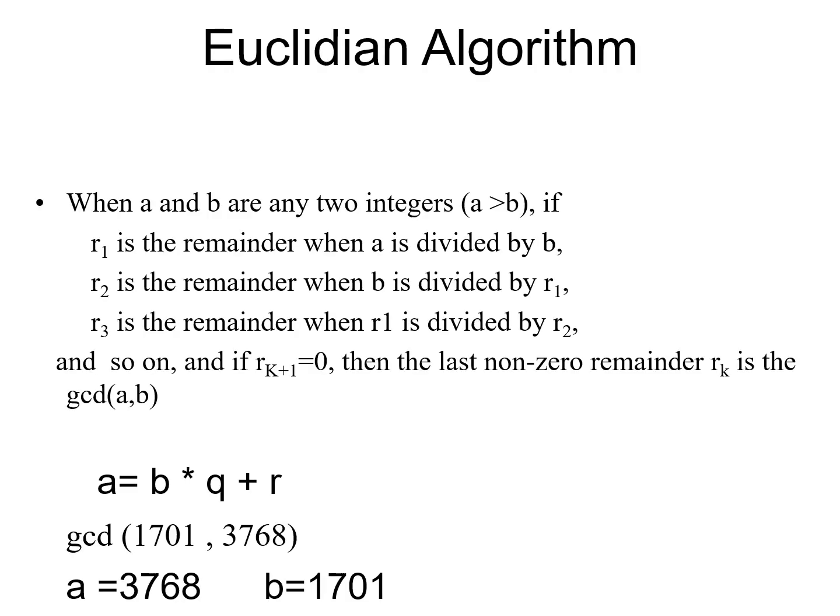Euclidean algorithm is defined like this. When a and b are any two integers where a is greater than b, and if R1 is the remainder when a is divided by b, and R2 is the remainder when b is divided by R1, and R3 is the remainder when R1 is divided by R2 and so on, and if the (k+1)th remainder is equal to 0, then the last non-zero remainder Rk is the GCD of a and b.